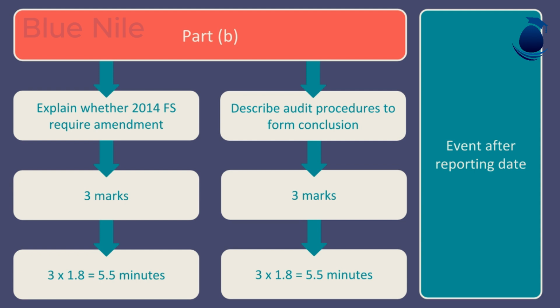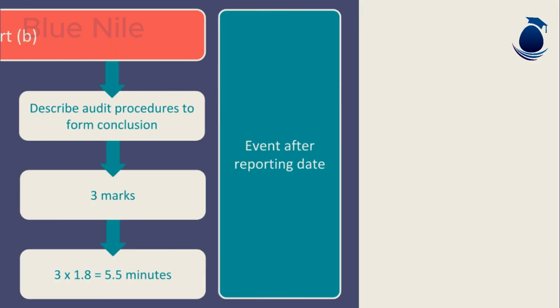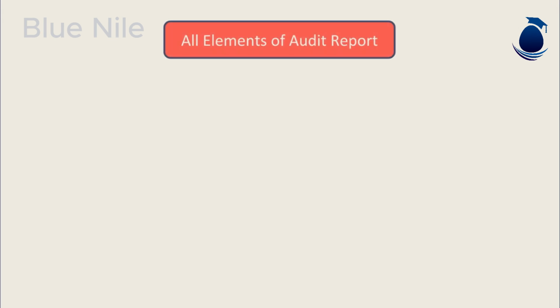Let's now start structuring your answers. Part A. We must identify 4 elements of an unmodified audit report and explain why they are included. As I explained, the audit standard ISA 700 is now revised, so I will outline all of the elements of the new look audit report. The sections of the audit report in order are as follows.